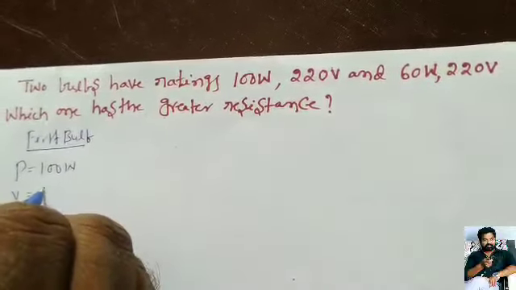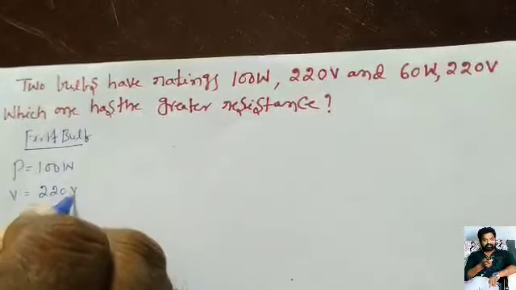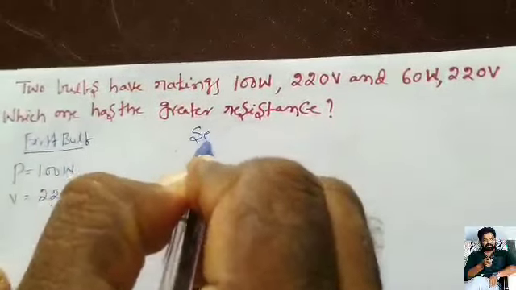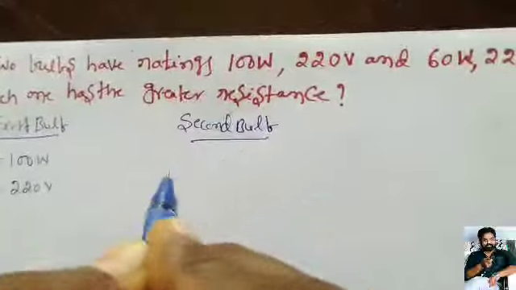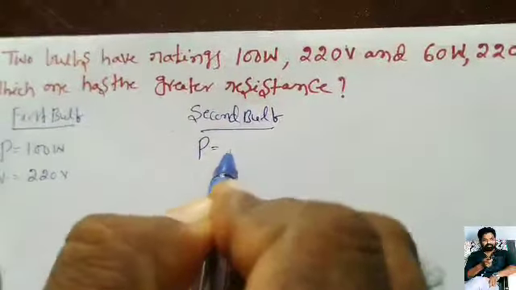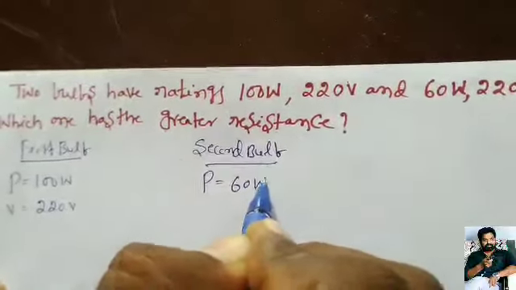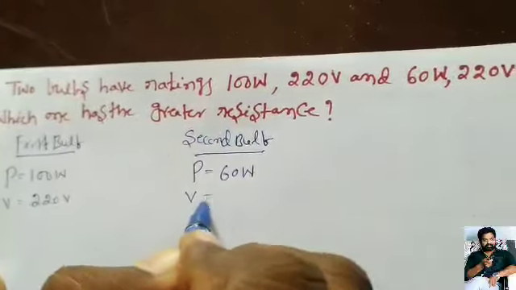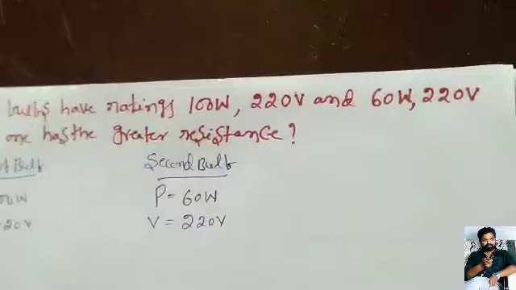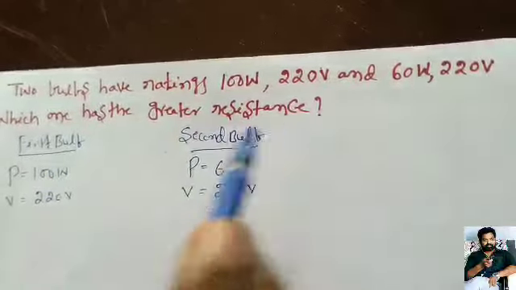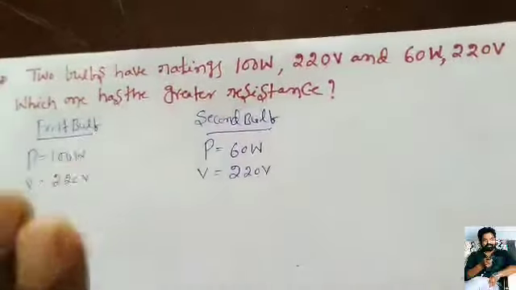Voltage V is given, 220 volts. For the second bulb, power P is 60 watts, voltage is the same, that is 220 volts. So which one has a greater resistance? Now we want to find resistance.